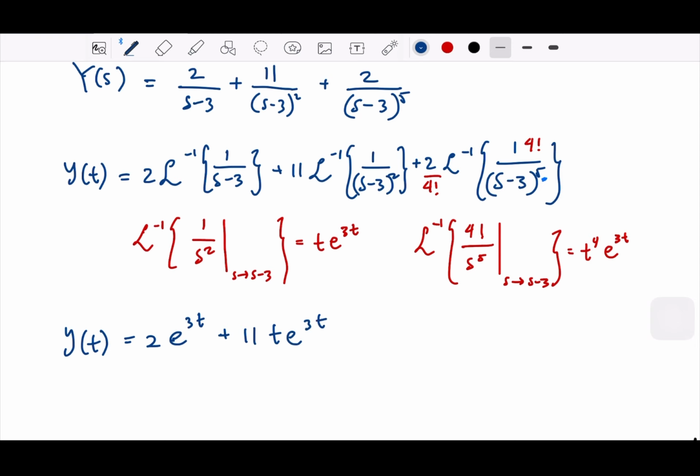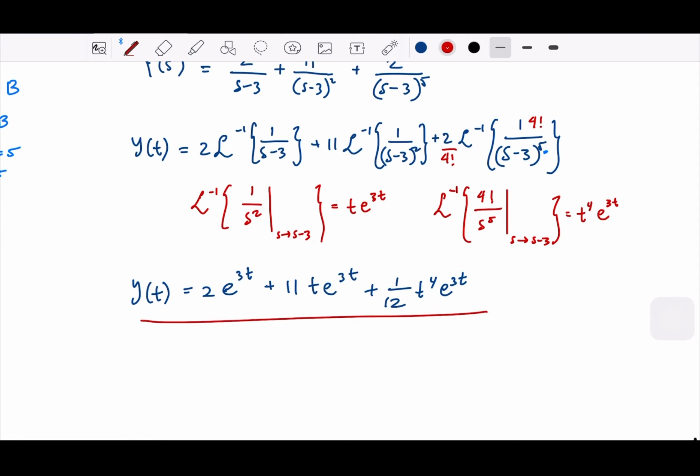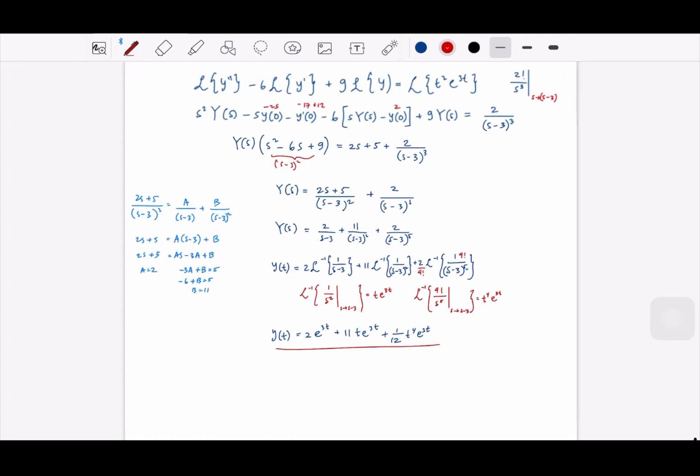And then plus 2 over 4 factorial. 4 factorial is 4 times 3 times 2, which is 24, so 1 over 12. And then t with power of 4, e with power of 3t. That will be the final result, the solution.